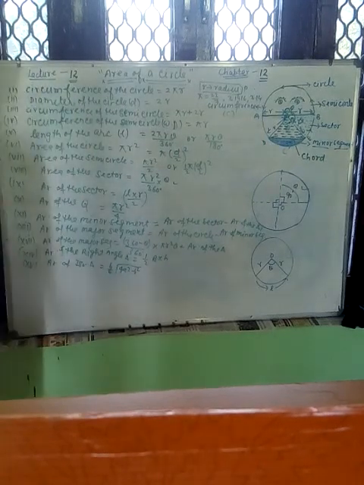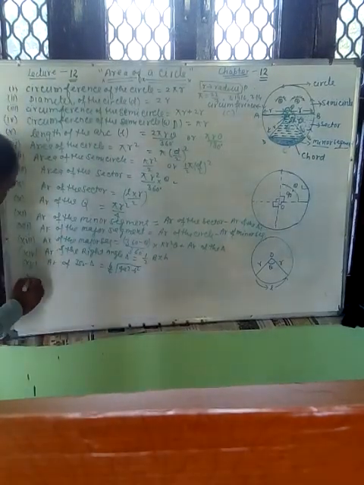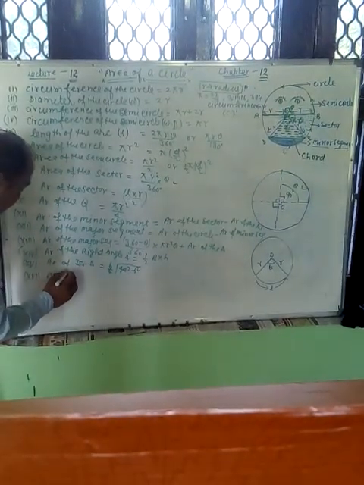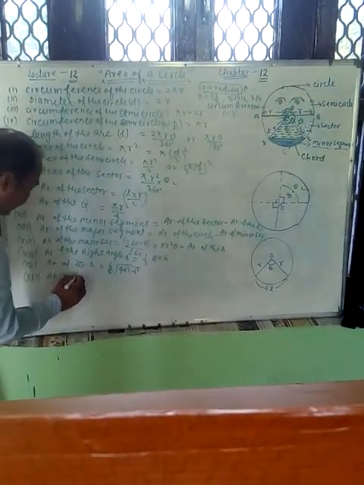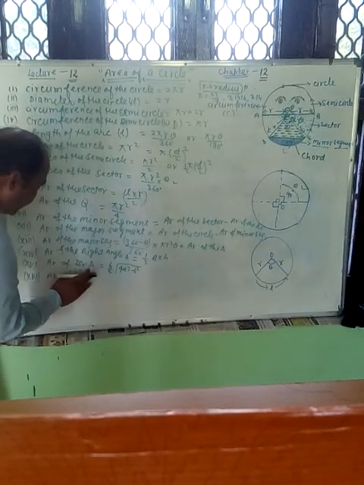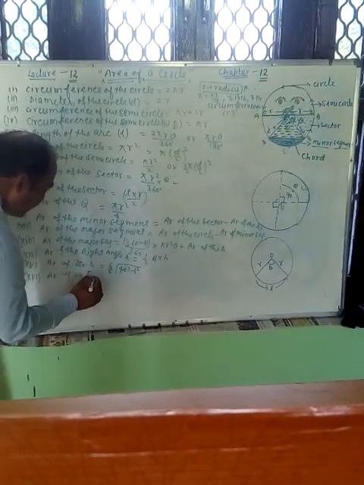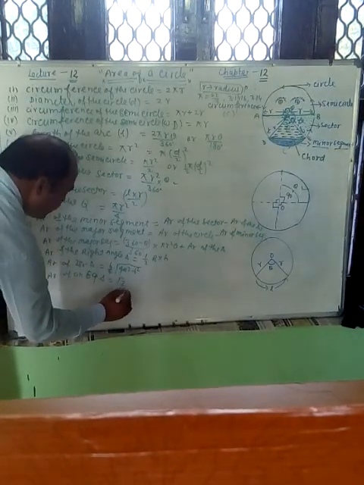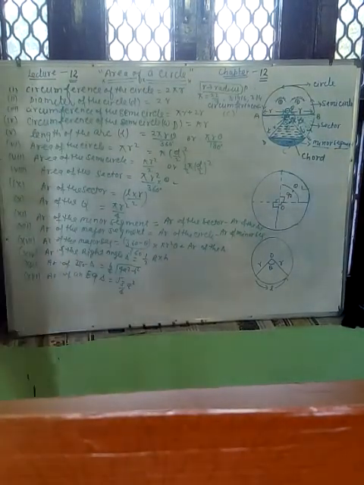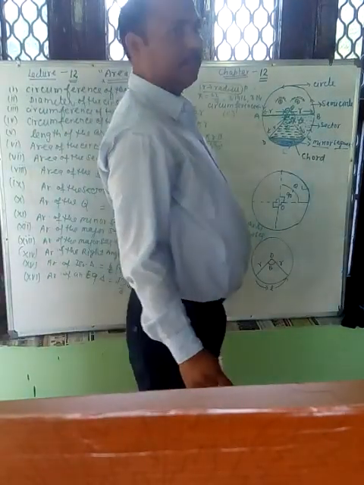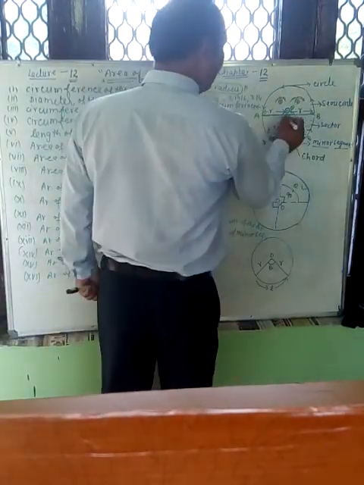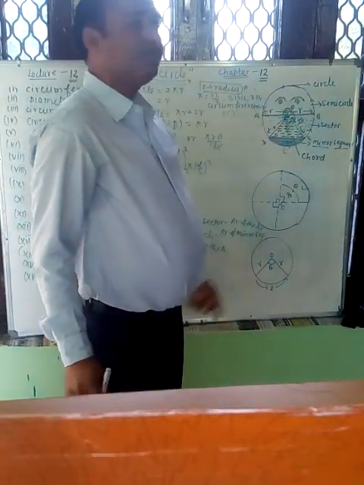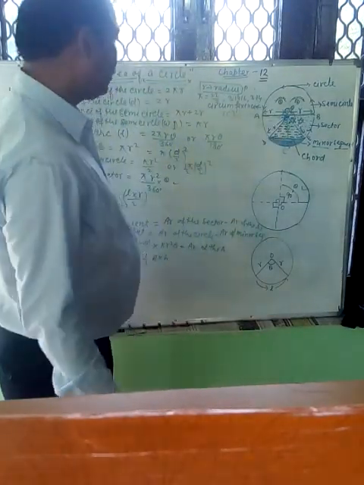Or 16th is area of an equilateral triangle. Equilateral triangle is root 3/4 a square, where a is the side. And in another form, in trigonometric forms, these areas can also be calculated.